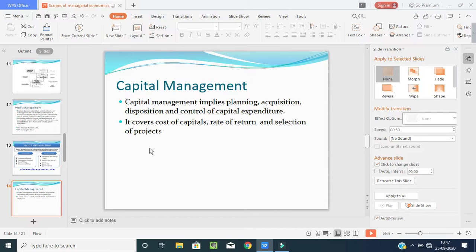Now coming to acquisition and disposition, what does it mean? Acquisition means the things we need to acquire, take in, and merge. Disposition means the things that are defective, which we have to remove. And for control of capital expenditure, there should be control over the capital expenditure. How can the capital be controlled? By avoiding unnecessary expenditures.